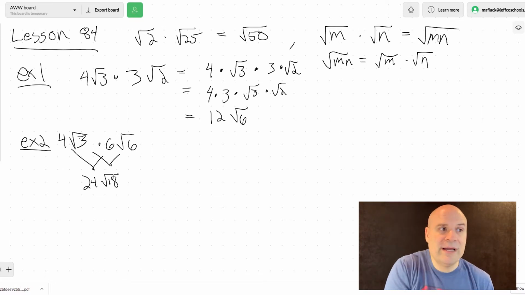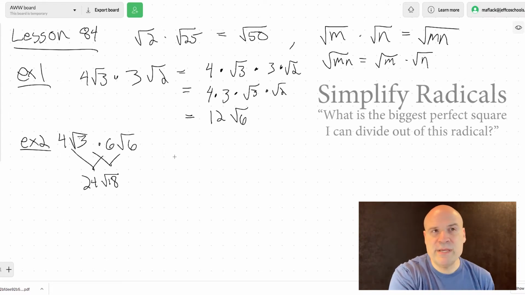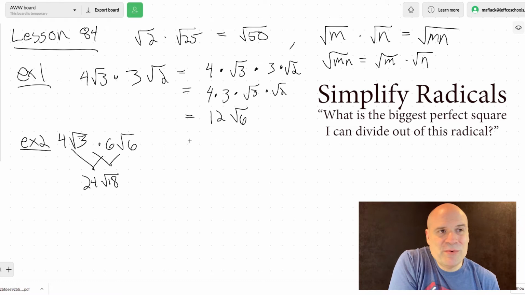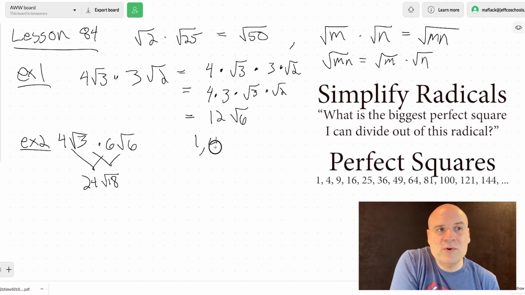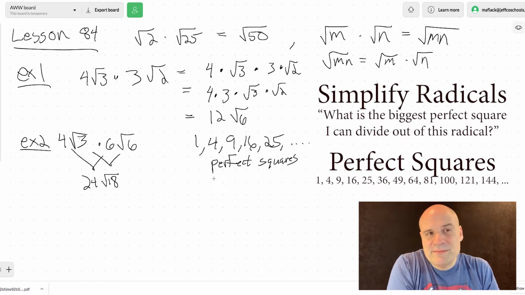We simplify the radicals. Remember, the magic question when you're simplifying radicals is: what is the biggest perfect square that I can divide out of that radical? Perfect squares are like 1, 4, 9, 16, 25, and so on. So what is the biggest perfect square that I can take out of there? It looks like 9.